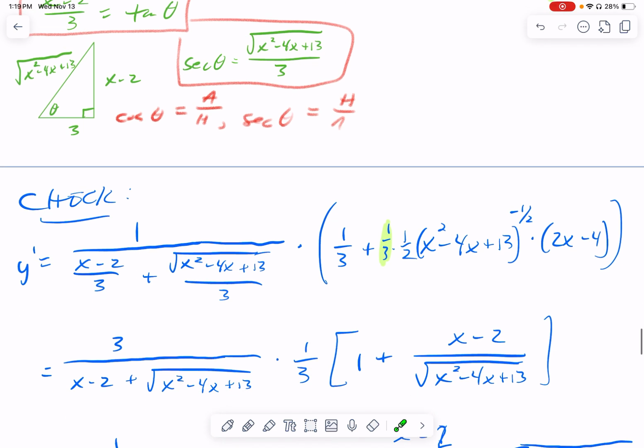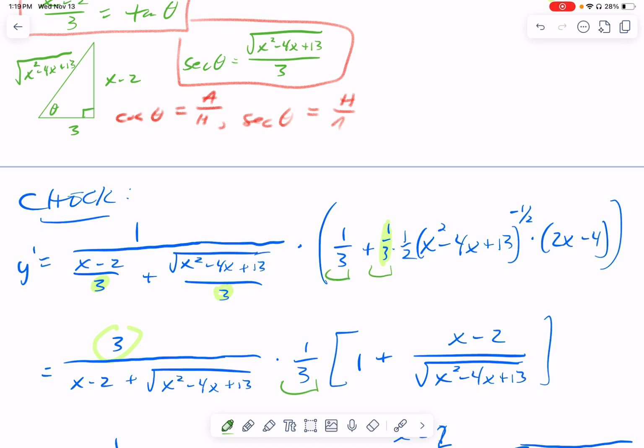So let's clean up a little bit. I am noticing this is divided by 3, this is divided by 3. So in the denominator, my common denominator would be 3. The denominator of the denominator is actually the numerator, so that just winds up with a 3 up top and no fractions in the bottom. I'm also noticing that I have this 1/3 and this 1/3, so I'm pulling both of them out.